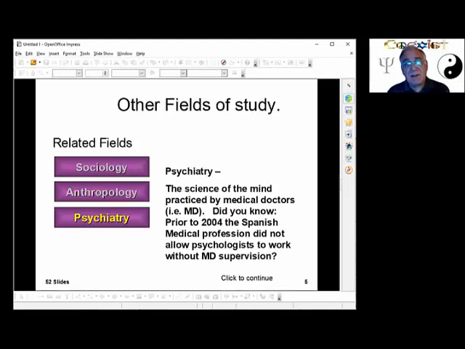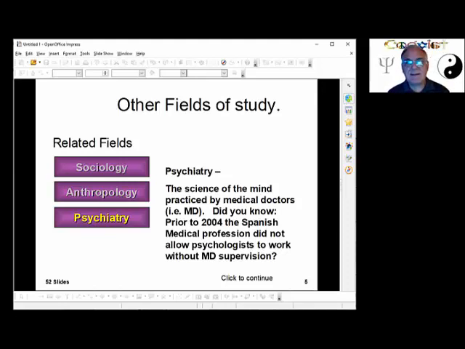So they sued and said, no, we don't need the psychiatrists involved. If something comes up and we figure out that a person needs a psychiatrist, we can refer them back to the psychiatrist, but we can do a whole lot of work that the psychiatrist doesn't need to be involved in. And they won their point.